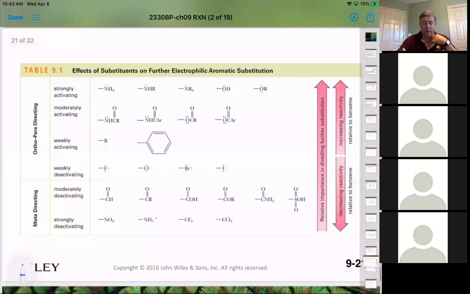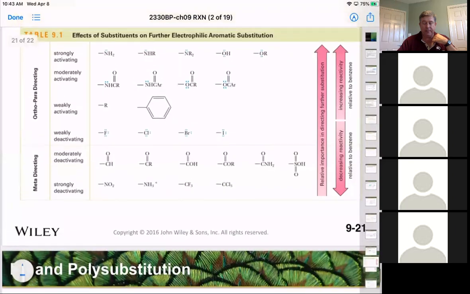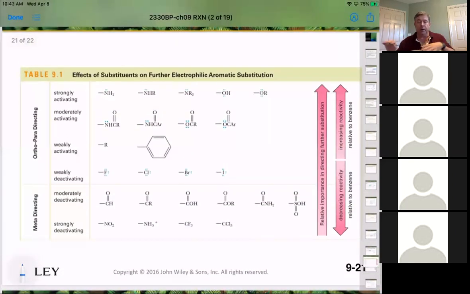Okay, so this slide right here, which is on the slides, I think sums up why once you have one group on there, it activates or deactivates a system. And I went through showing you the different resonance structures here.